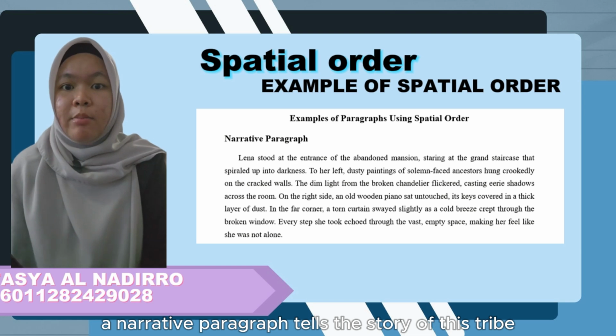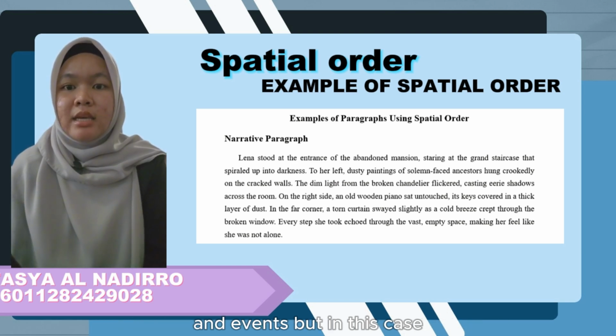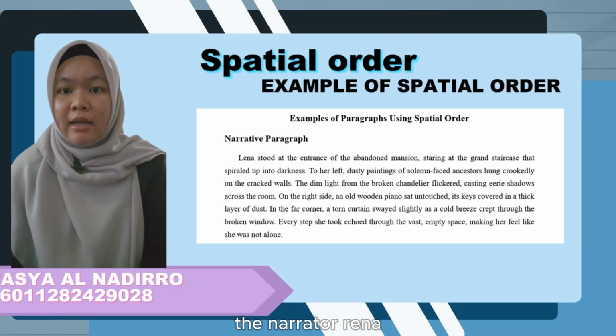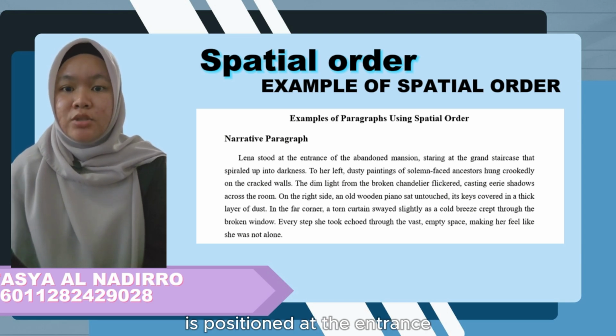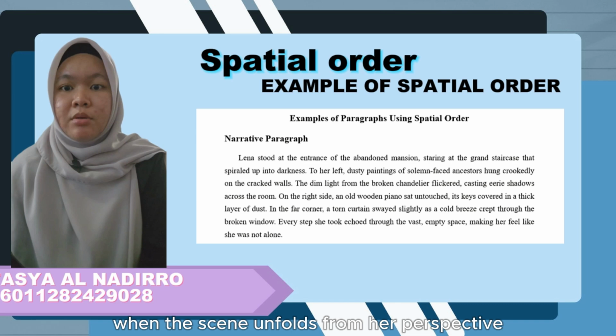A narrative paragraph tells a story or describes an event, but in this case, it uses spatial order to enhance the setting and build suspense. In this paragraph, the narrator, Lena, is positioned at the entrance, and the scene unfolds from her perspective.